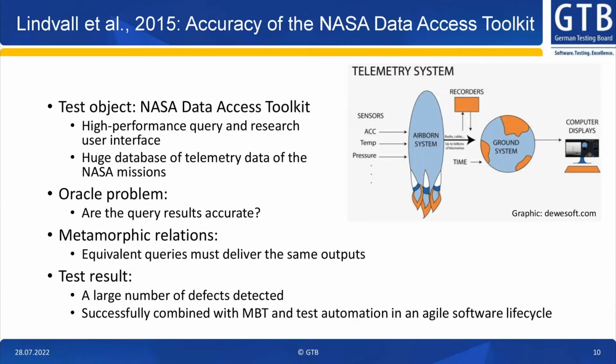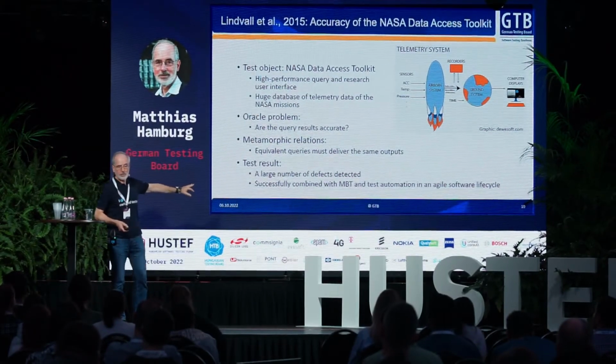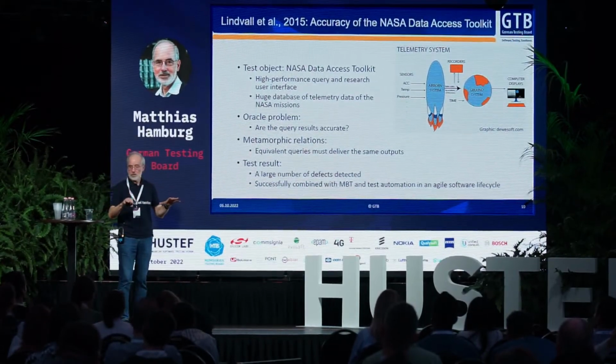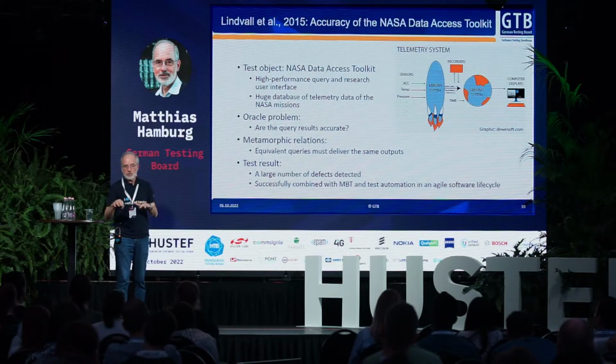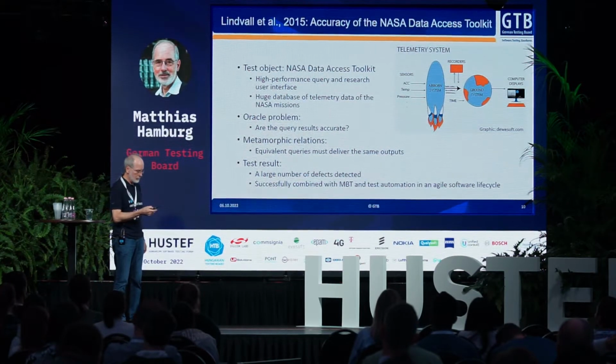So the oracle problem is, can you tell whether these queries in the huge database are delivering accurate results or not? And they found really a large number of defects by metamorphic testing. So they transformed the queries into equivalent queries, which should yield the same result sets, and the result sets were often different. So this was one of the success stories.